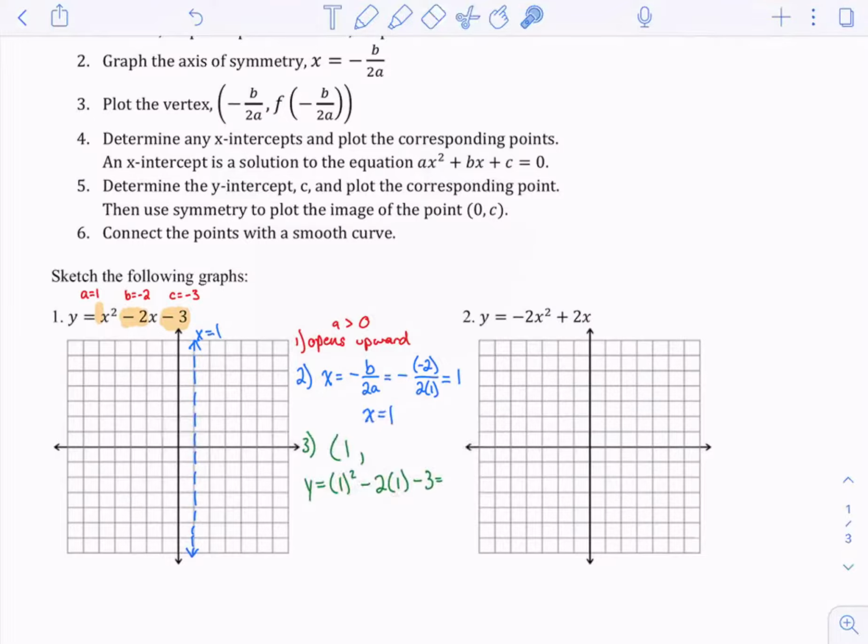So 1 minus 2 is -1, minus 3 is -4. So (1, -4) is my turning point. So I'll go to (1, -4). There's my turning point or my vertex.